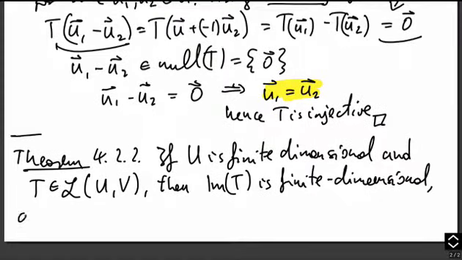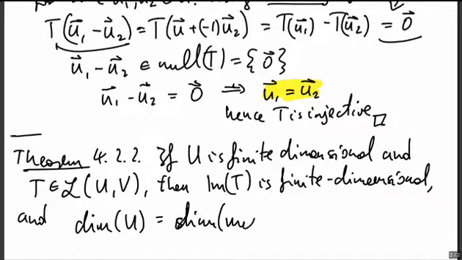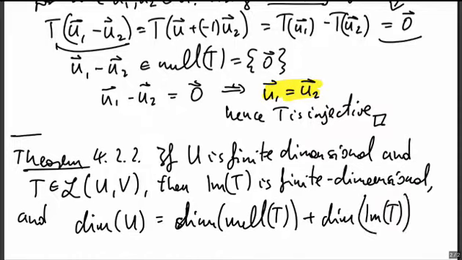And we also have a formula that says the dimension of U equals the dimension of the null space of the transformation plus the dimension of the image of the transformation.